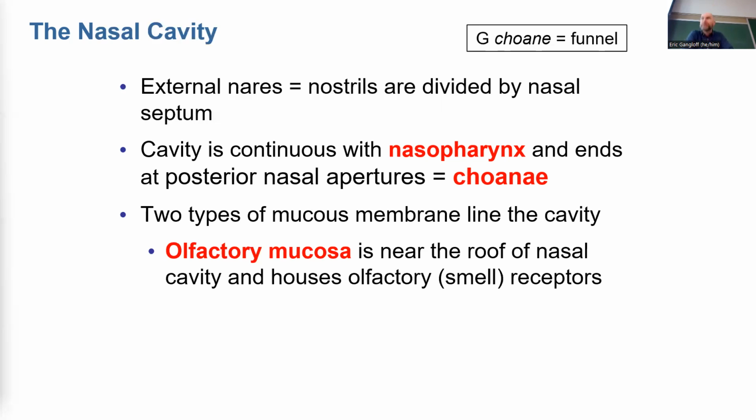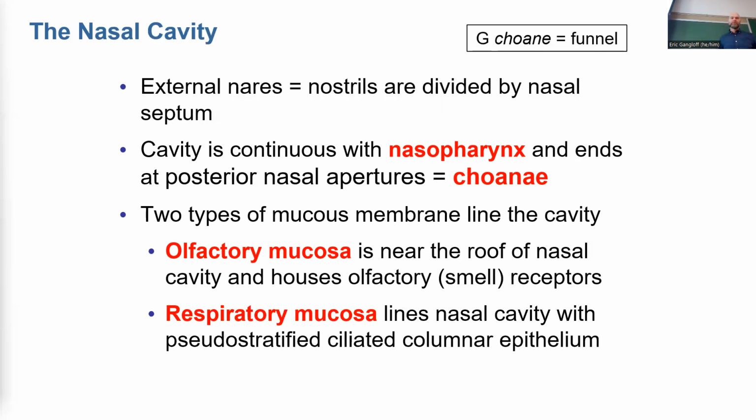And just as a reminder, which cranial nerve is that? What number? 1. Yep, exactly. The olfactory bulbs then transmit information to the brain via cranial nerve 1. In addition to this olfactory mucosa, you have respiratory mucosa.